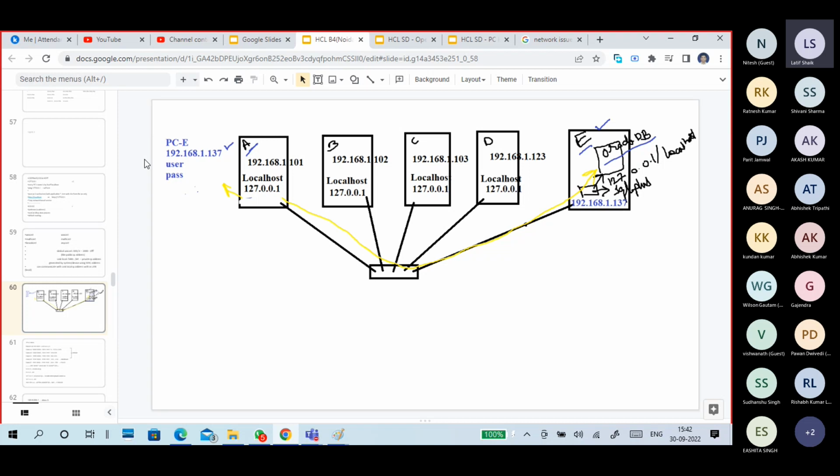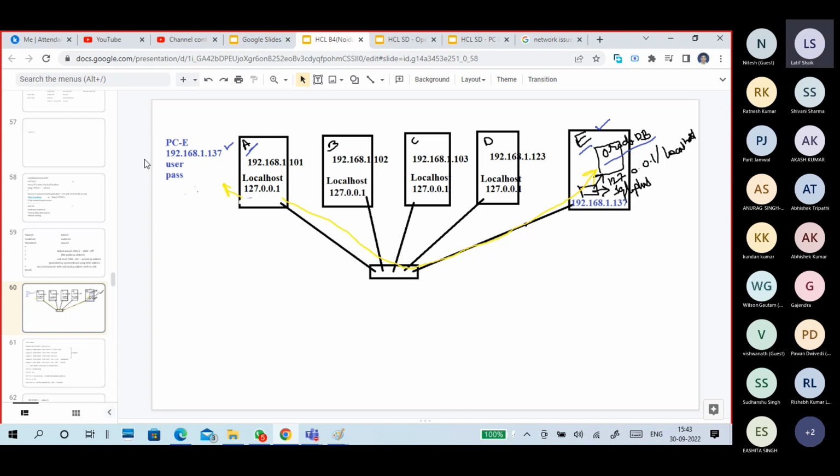Each PC has an IP address. For example, A PC is 192.168.1.101, then 1.102, 103, 104, and so on, each with its respective IP address.